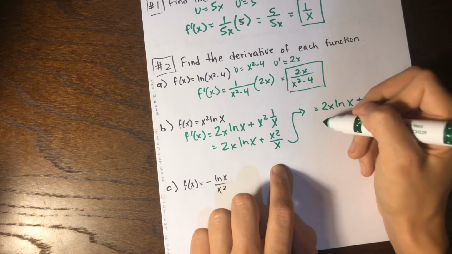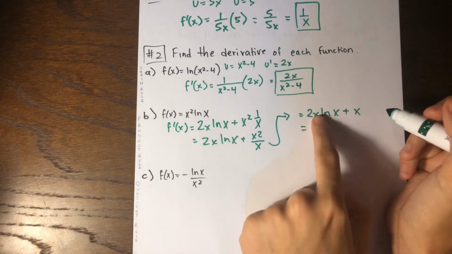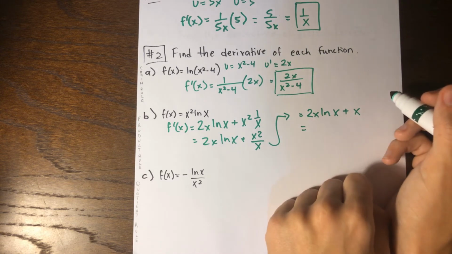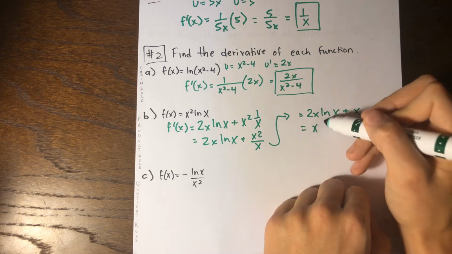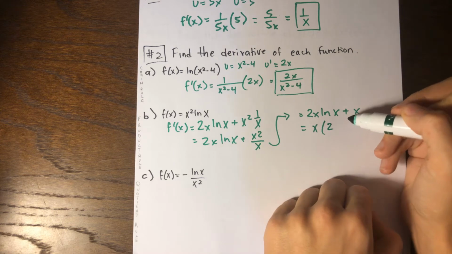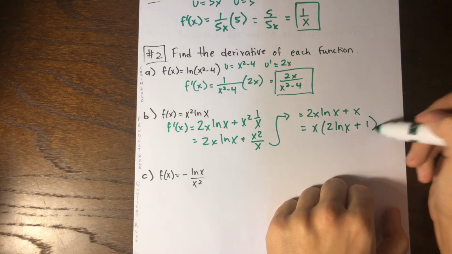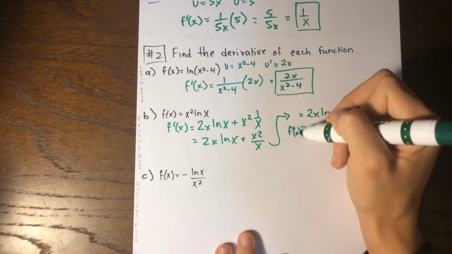Now I'm looking to see, is there anything in common that I can simplify? There are two separate terms separated by the plus sign. They both have an x in common, so I can pull an x out. I'm left with x times 2 natural log of x plus 1. That's its simplified form, so this is our derivative.